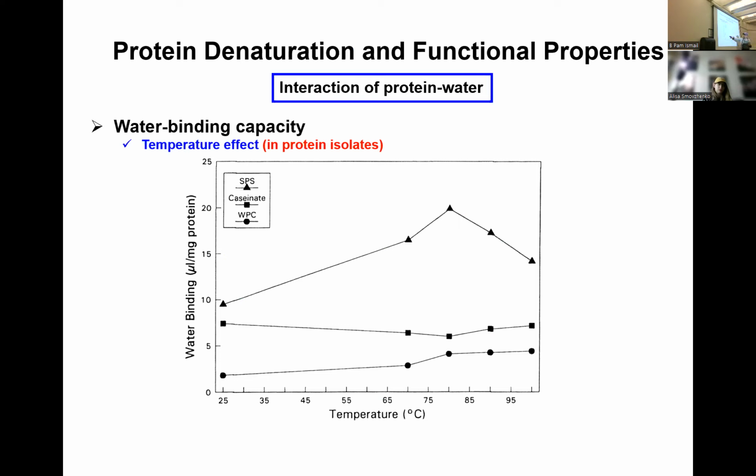For casein, you don't see much change because it's not impacted by the low temperature like that. So there's no structural change, so you won't see a change in water binding for casein with temperature less than 130 degrees C.